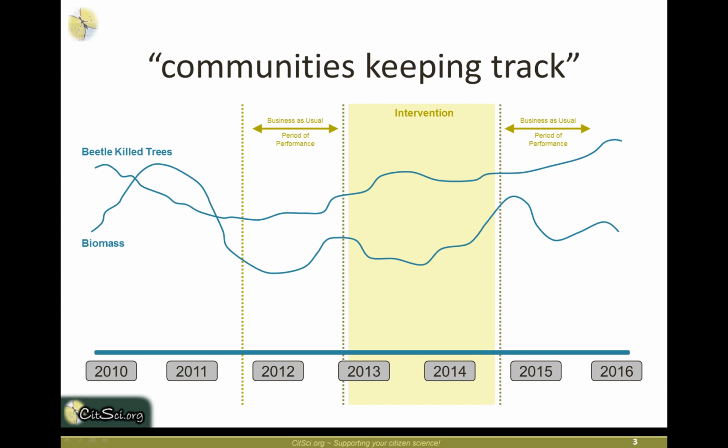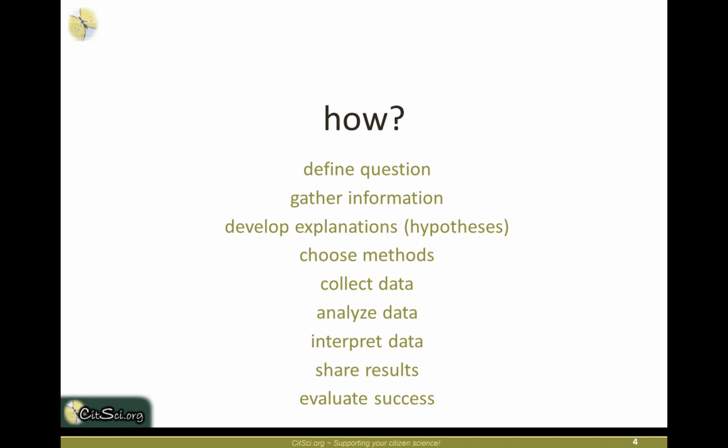And so this is just a real quick visual of what monitoring can look like at one scale, for maybe two variables given an intervention. But so how do we do this?